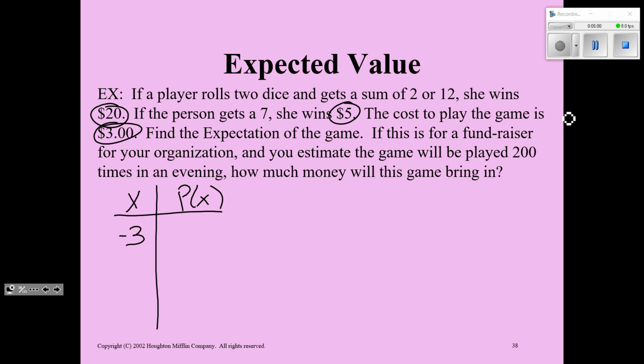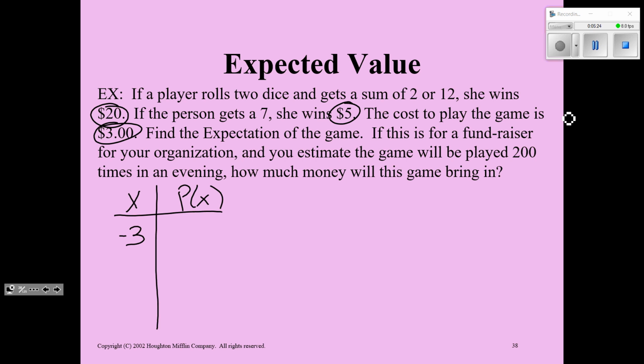If they roll a 2 or a 12, they win 20. We want to be clear, and this kind of problem is what we're doing right now. I will try to make it clear. Do we want to say win 20, as in you get your money back and 20?